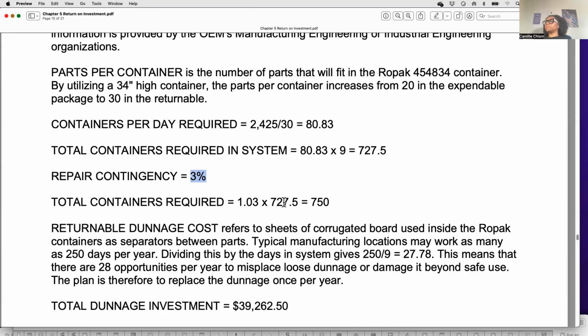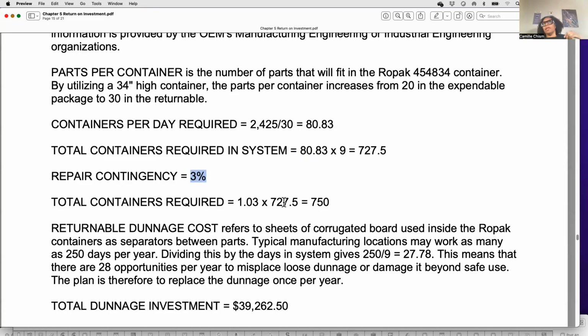So you take your 250, which is your number of working days, and divide it by 9, which is your system days. That's the number of days it takes for this one bin to circulate and come back.